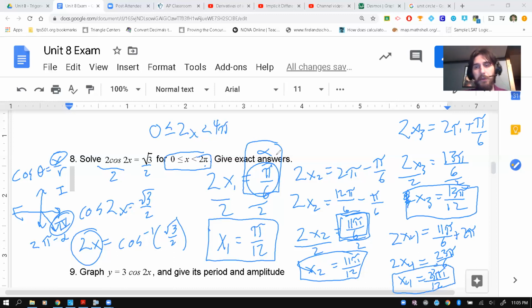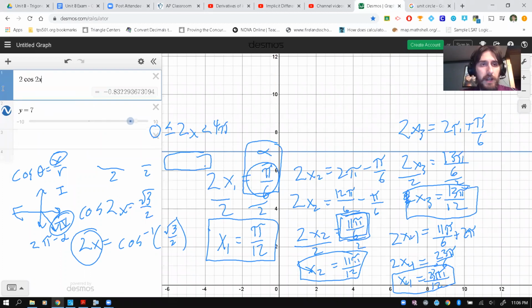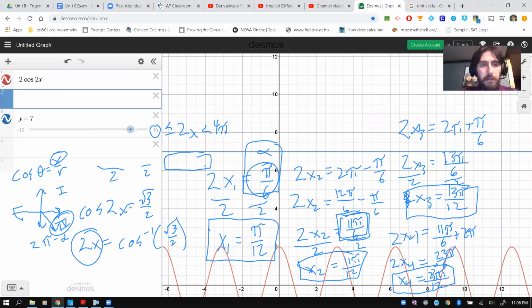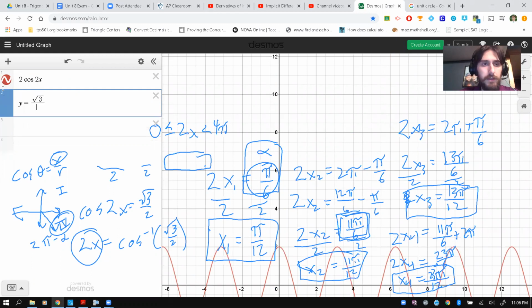Okay, and this is another one where you might say, I'm not sure I got all the correct answers, or if there's supposed to be more than these. How could I check if I did this correctly? Well, you just go to Desmos, type in 2 cosine of 2x, and type in y equals the square root of 3 over 2.